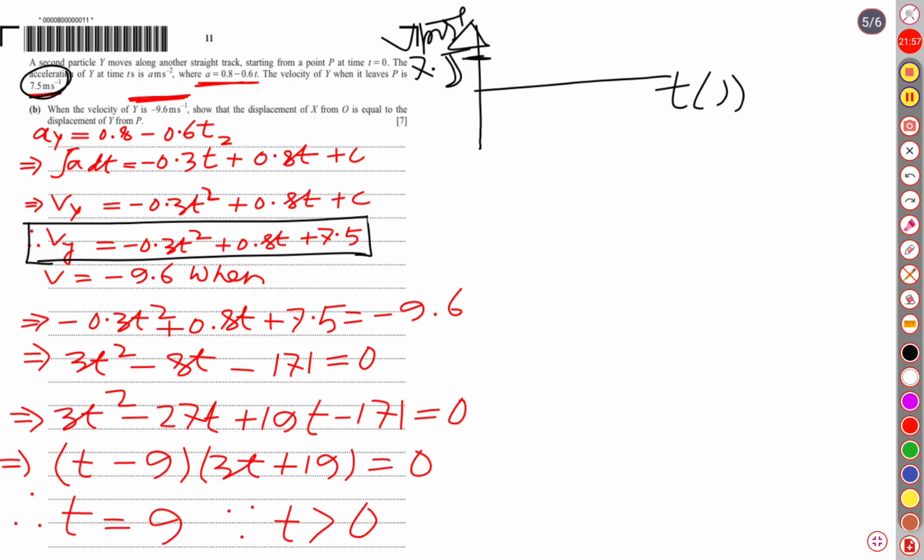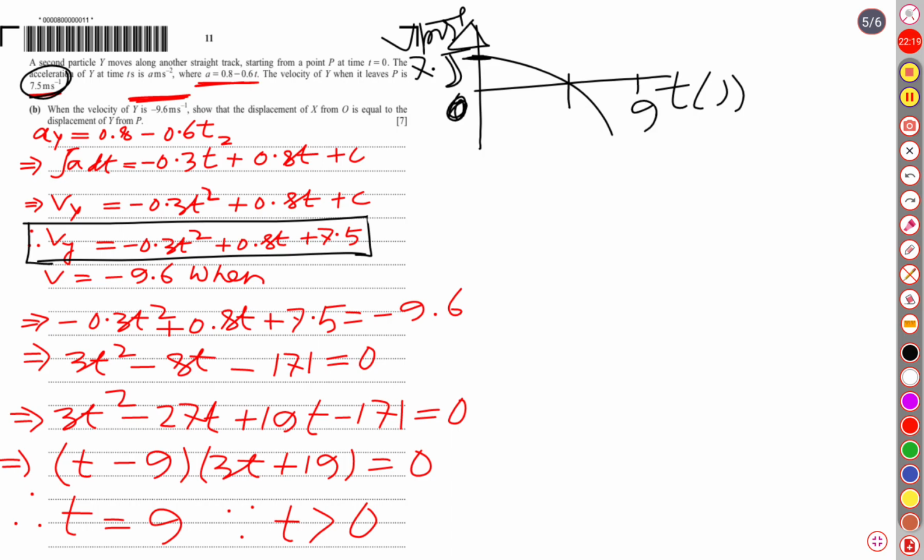As this is n shaped, it will look like this. We don't know when the particle was at rest, and that is even unnecessary. We will find until 9.